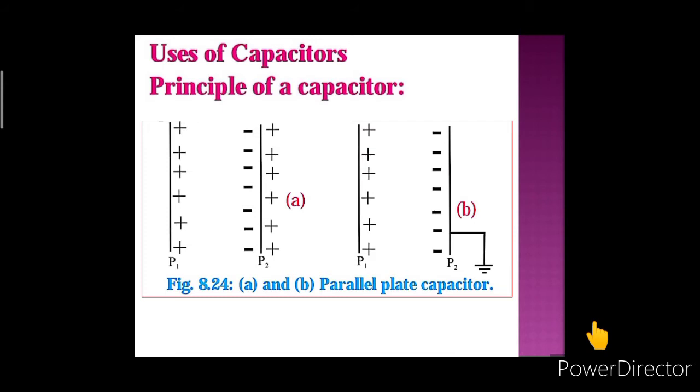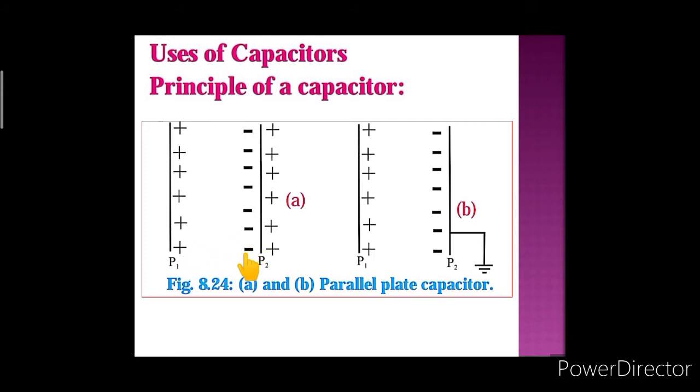To understand the principle of a capacitor, here we consider a metal plate P1 having area A, and some positive charge plus Q is given to this plate, and its potential will be V, and the capacity C1 is given as Q upon V. Now consider another insulated metal plate P2 held near the plate P1.